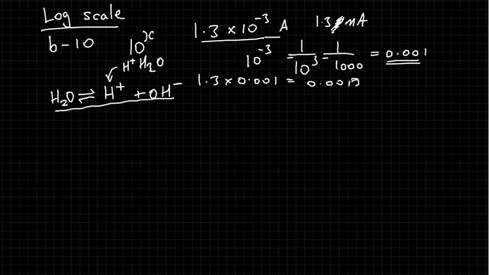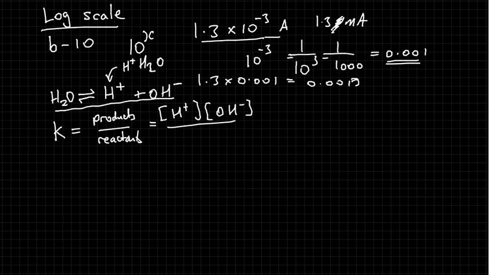So we can write that the equilibrium constant is going to equal the products over the reactants. And we usually write this in terms of concentration, so we're going to have H plus and OH minus divided by H2O.